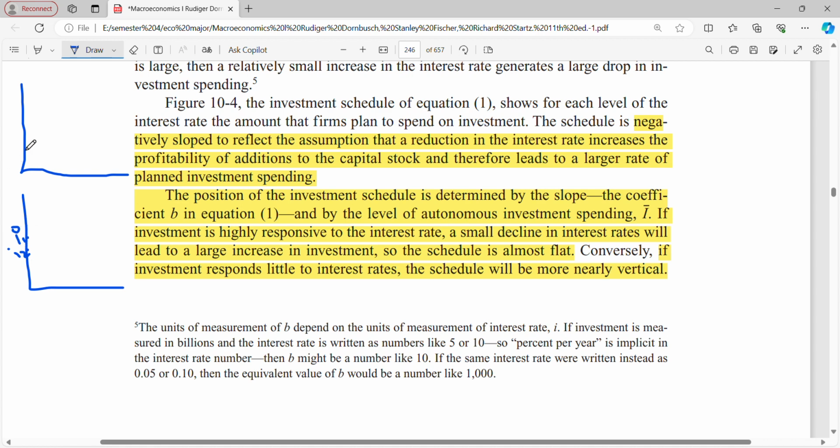So for I1, for the first interest rate, the curve was here, and for I2, B is large, so the investment will be here. Why? Because B is large.